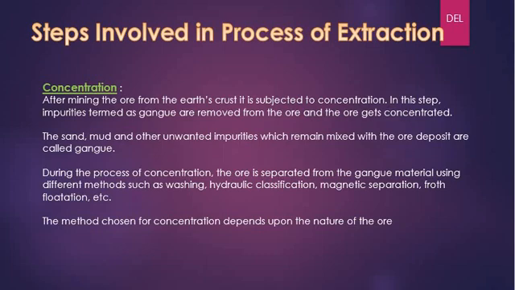Now what are the steps involved in the process of extraction? The first step is concentration. After mining the ore from the earth's crust, it is subjected to concentration. In this step, we remove the soil, sand or mica kind of impurities, which are called gangue. Gangue is the sand, mud or other unwanted impurities which remain mixed with the ore.